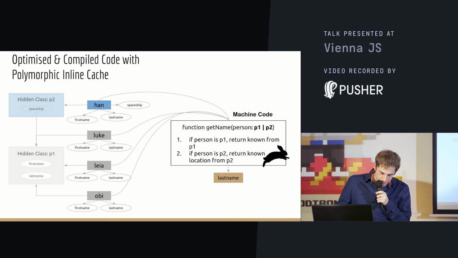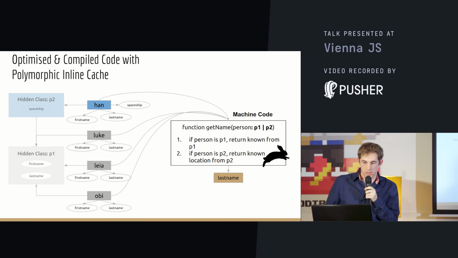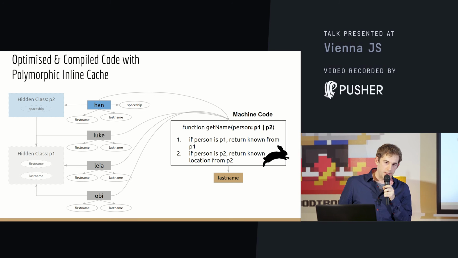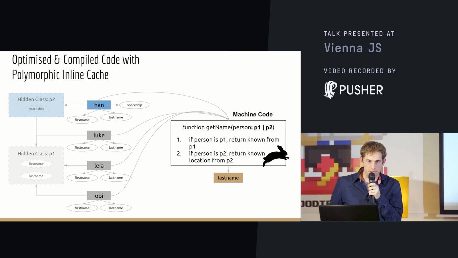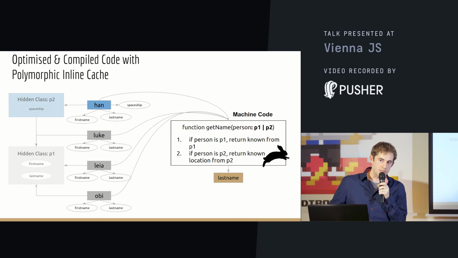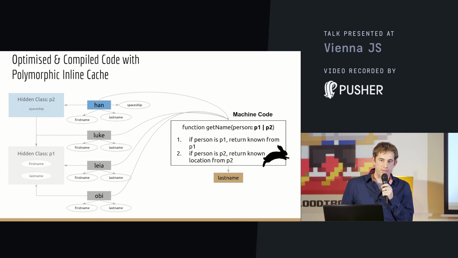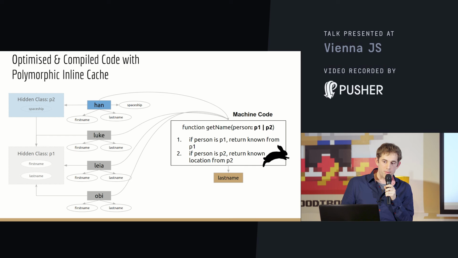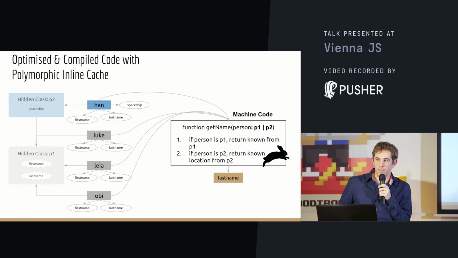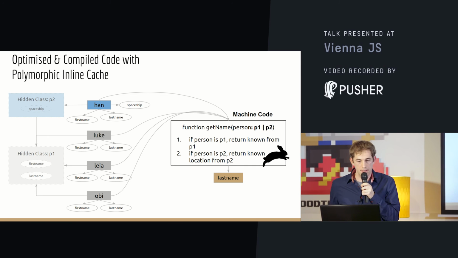The compiled code, or the optimized code, now has to make some additional steps. It first has to check if the passed object is of type P1, then it returns the property it knows from P1, or if it is from P2. And this results in a slight performance drop, as we have seen in the beginning, about 50% in our example.